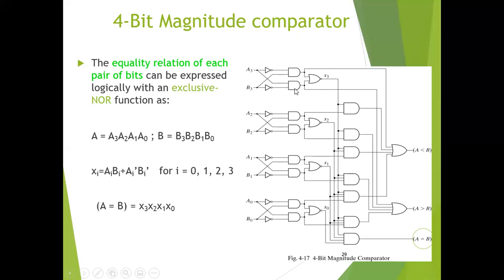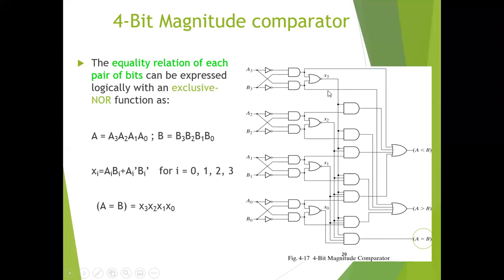We implemented these exclusive NOR gates, and the binary variable A is equal to B will be equal to 1 only if all the pairs of digits of the two numbers are equal. This operation A is equal to B will be equal to x3 into x2 into x1 and x0.